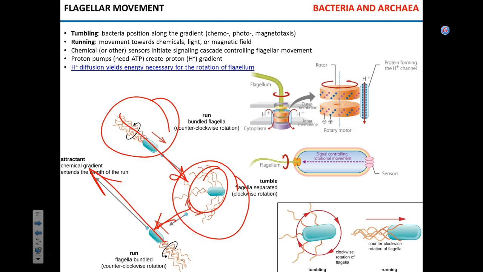They go from low concentration of nutrients to high. Does that make sense? And when they tumble, they stop and reorient themselves to find another gradient to swim towards. So they're like chasing the highest concentration of nutrients. Are we clear?